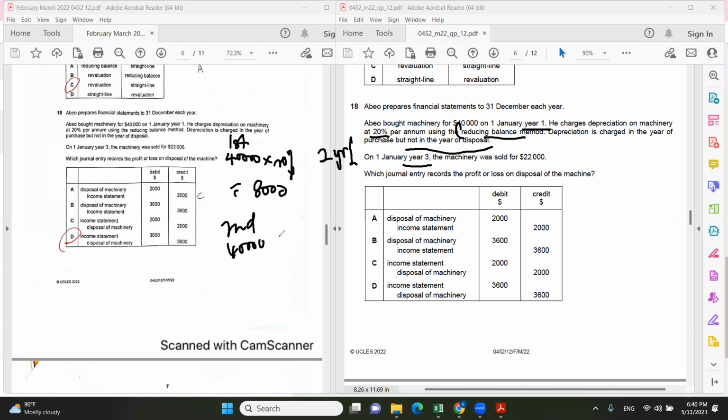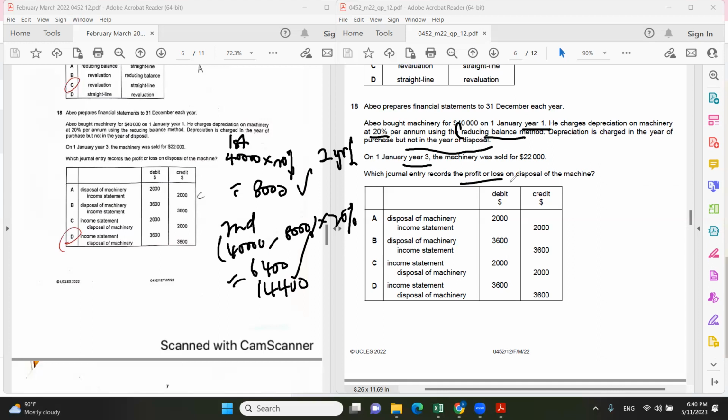So I take 40,000 minus 8,000 and then times 20% again. So I get 32,000 times 20%, I get 6,400. So the total accumulated depreciation will be these two added together. So I get total depreciation of 14,400.